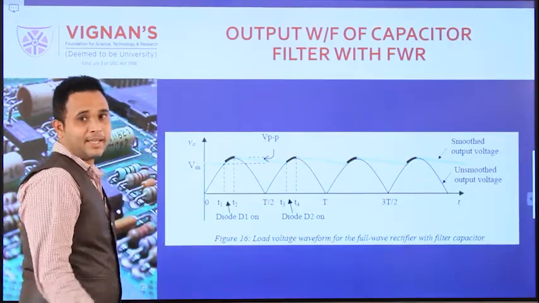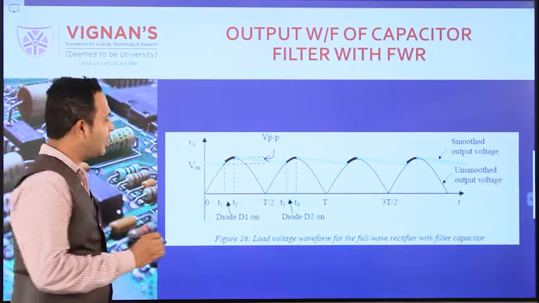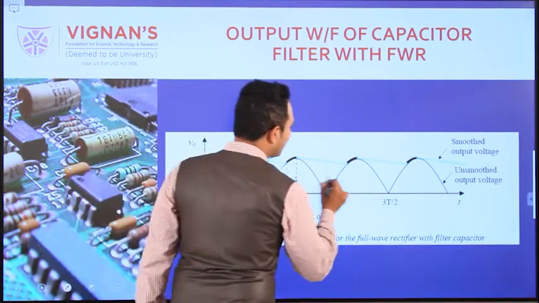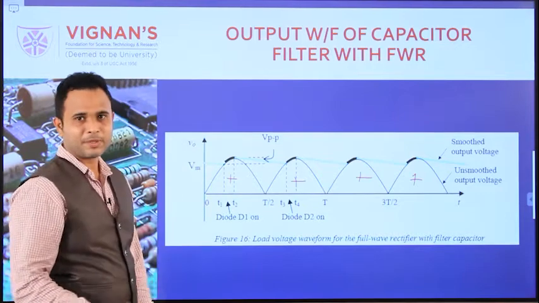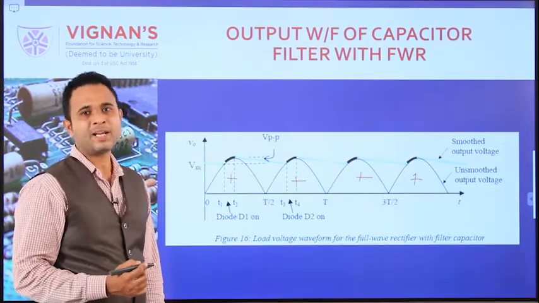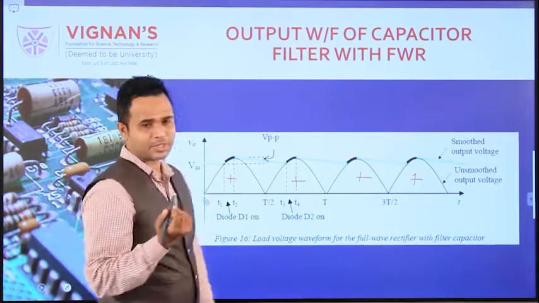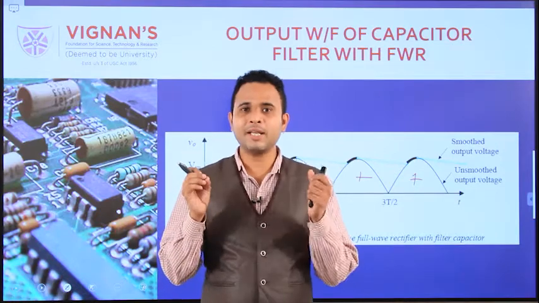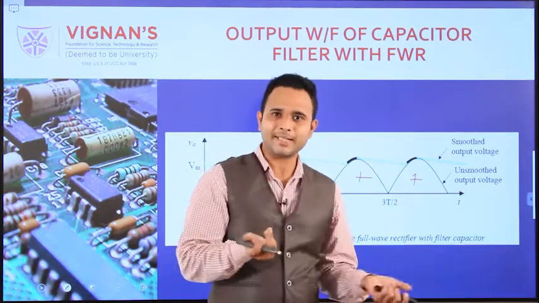Coming to the shunt capacitive filter for the full wave rectifier. This is the input positive peak for the shunt capacitor filter, meaning the full wave rectifier output. The basic working of a capacitor is that it allows AC and blocks DC.